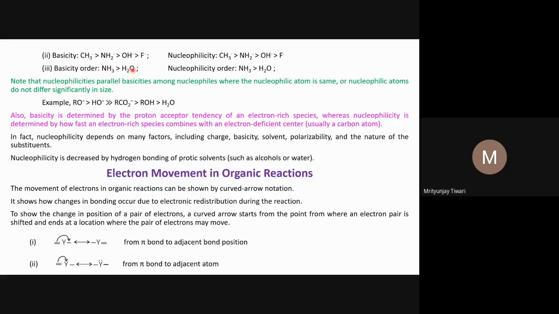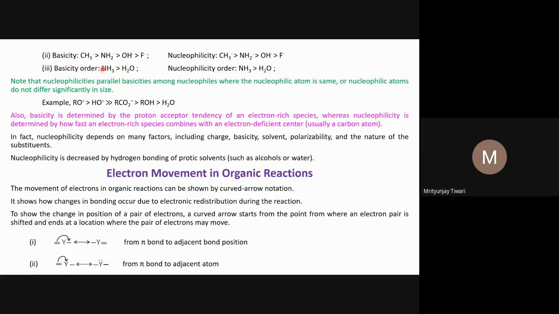Just looking at the size, you may not understand the order of basicity in these two cases, because oxygen has a smaller size and two lone pairs, and these species do not have a negative charge. So you may not directly conclude the basicity in terms of electron density, but you can conclude the basicity in terms of the availability of the lone pair of electrons.